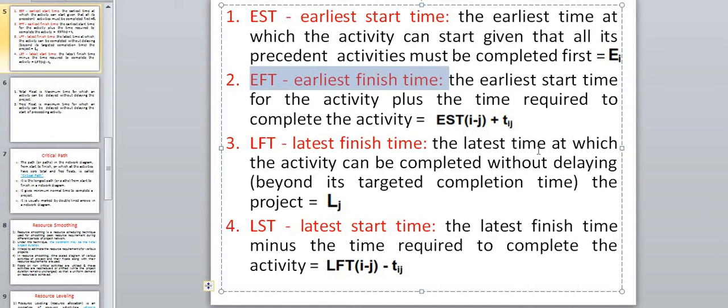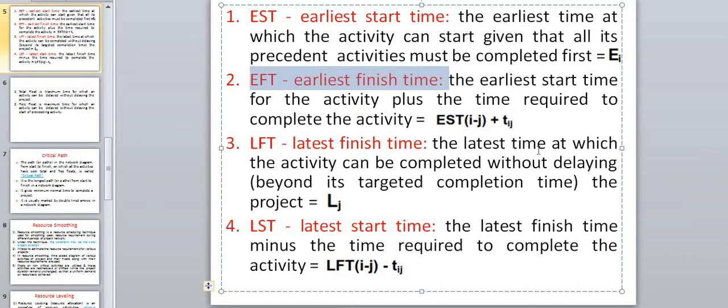What is latest finish time? The latest finish time is the latest time at which the activity can be completed without delaying the project. Okay? So without delaying the project we have to complete the particular activity. That completion period, or the time required to complete that activity without any delay, is nothing but the latest finish time.